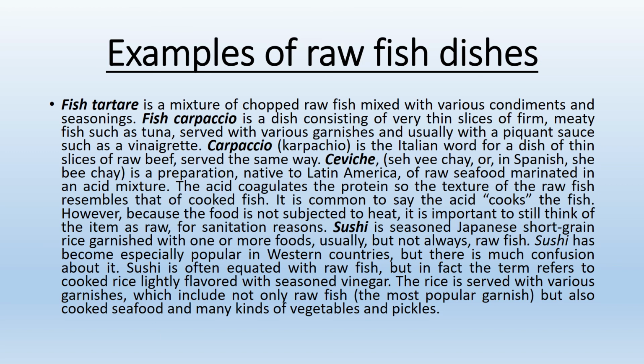So they have the beef one, and they have the fish version, as you can see over here. The fish carpaccio is a dish consisting of very thin slices from meaty fish such as tuna, served with various garnish and usually with a sauce such as a vinaigrette.